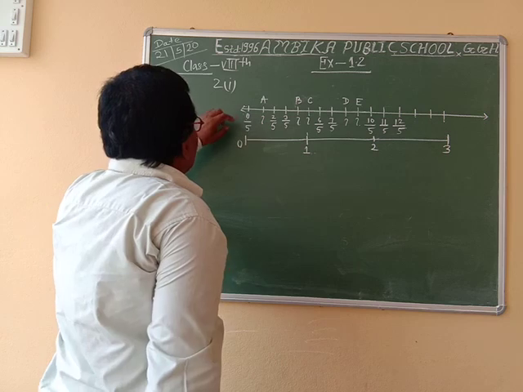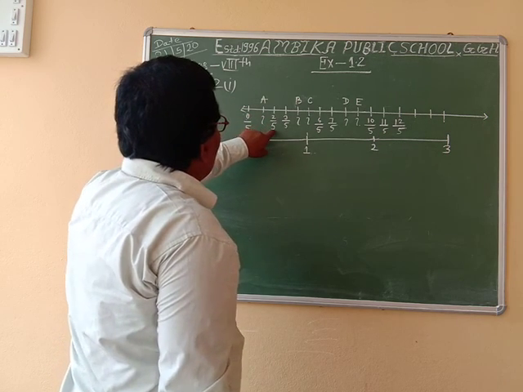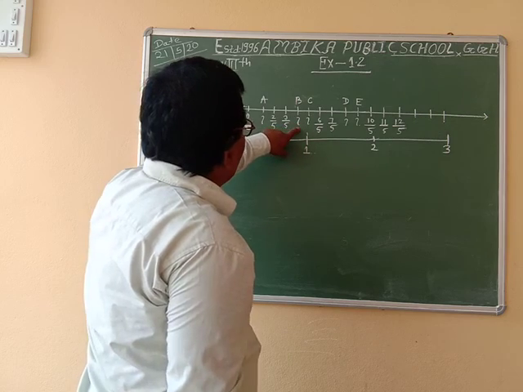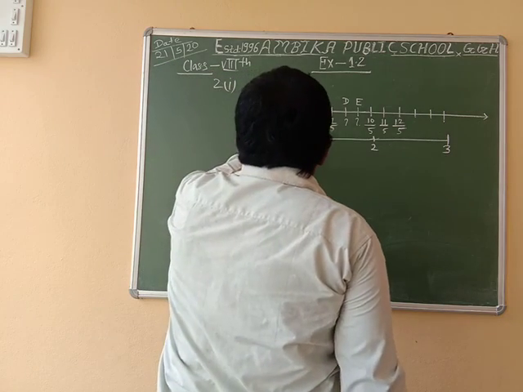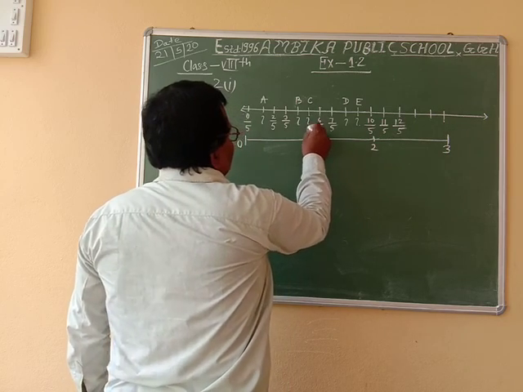First point 0 will be 0 by 5, then 1 by 5, 2 by 5, 3 by 5, 4 by 5, 5 by 5. 5 by 5 is equal to 1.